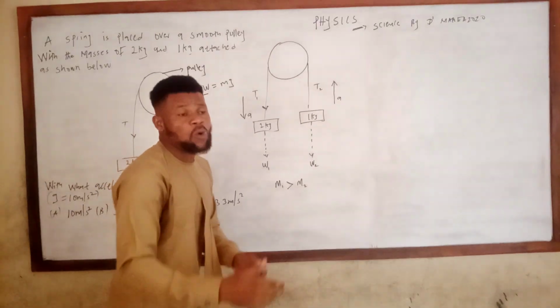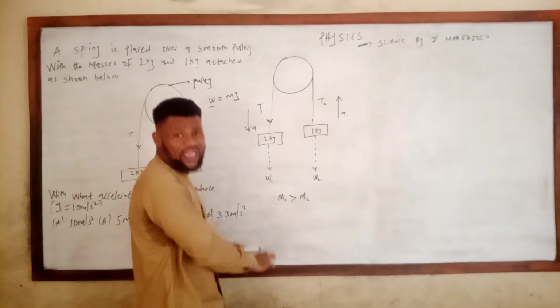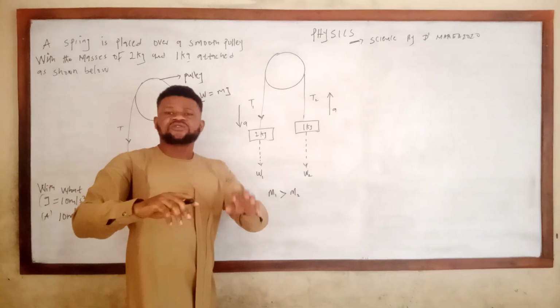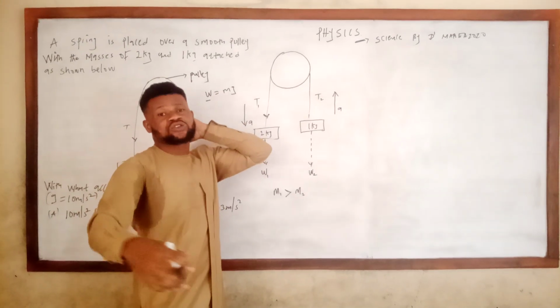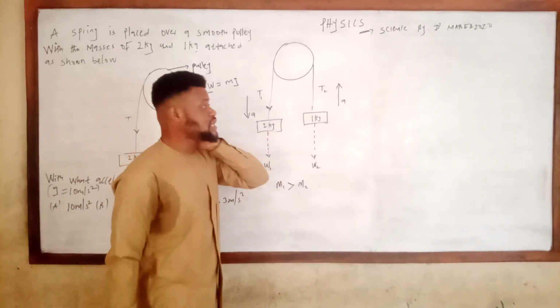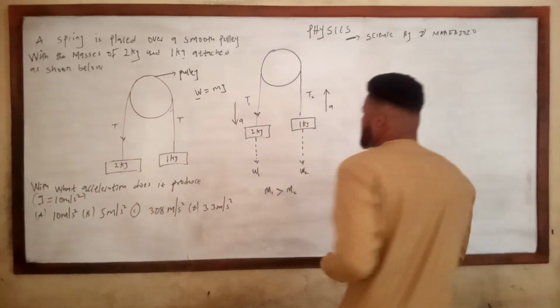To solve this question, I will solve for the downward acceleration first, and then the upward acceleration. I want to give you a very short cut. These are shortcuts you don't see in textbooks. For more shortcuts, you have to subscribe to my YouTube channel. But let's solve.